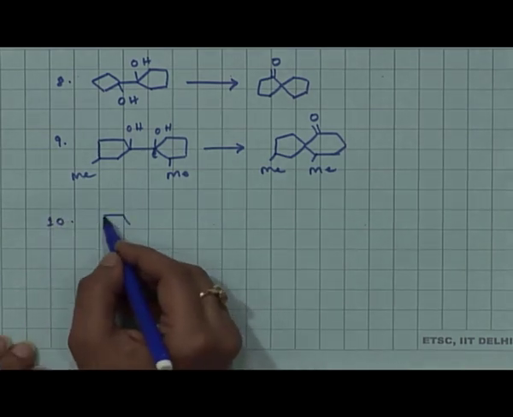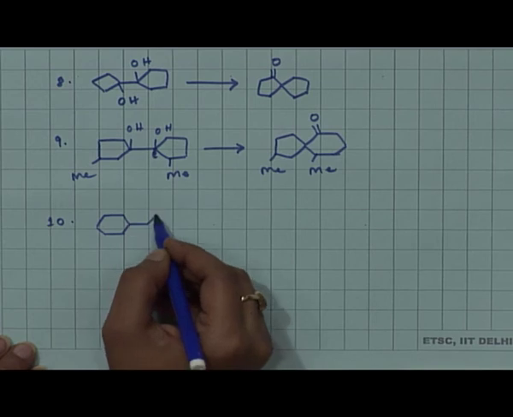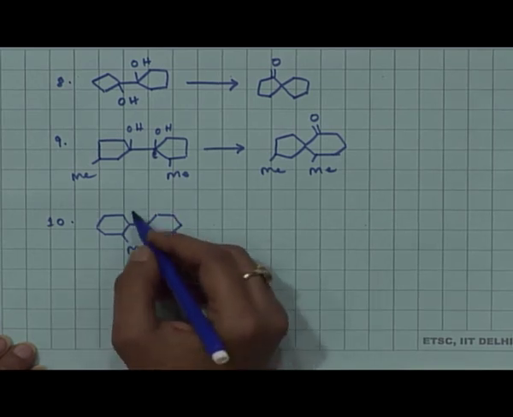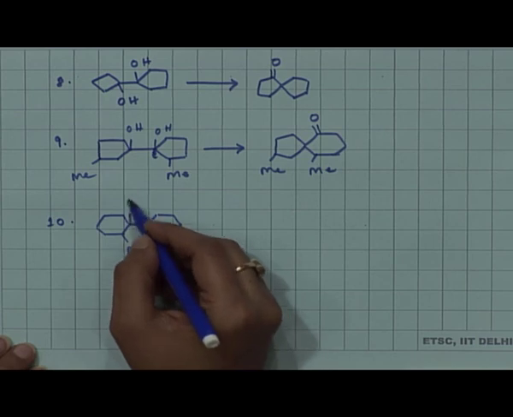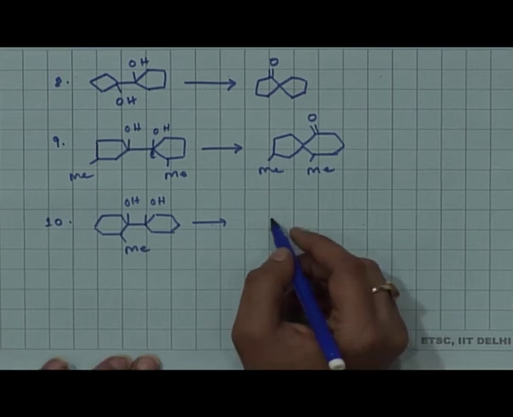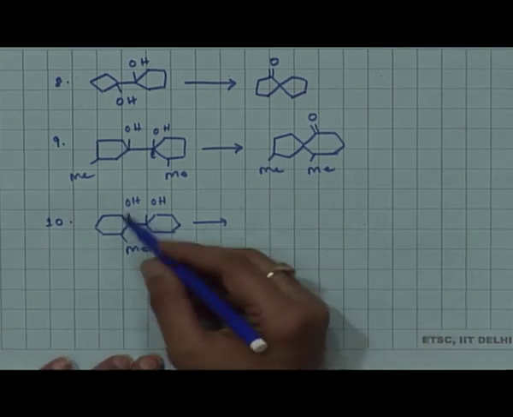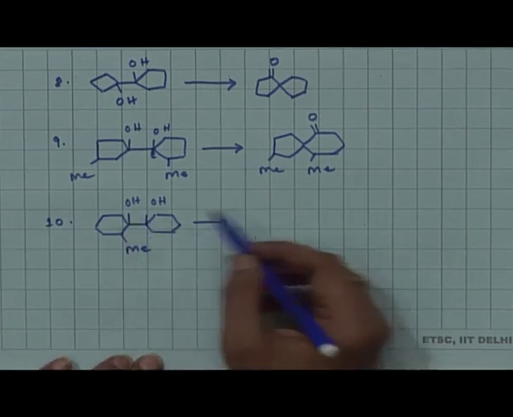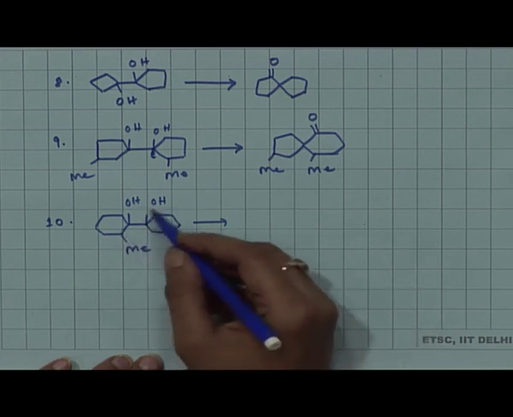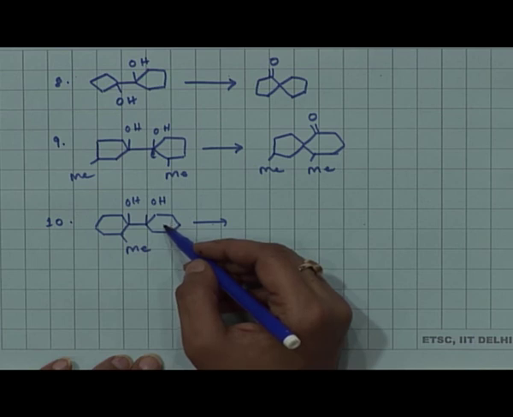If you have a combination of 2 6 membered, one is a methyl substituted and you subject it to the same conditions of Pinacol Pinacolone rearrangement. So, in this case between the two, this is the one which forms the carbocation, this ring. So, you have ring 1 and ring 2. Okay.